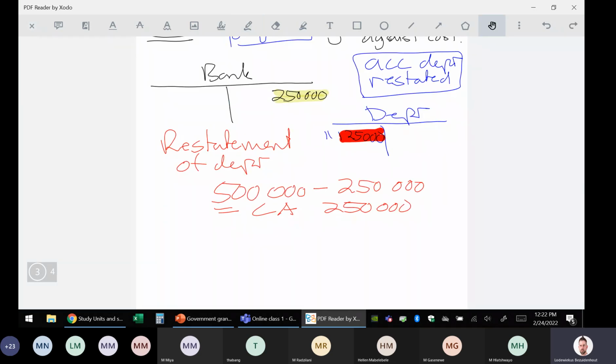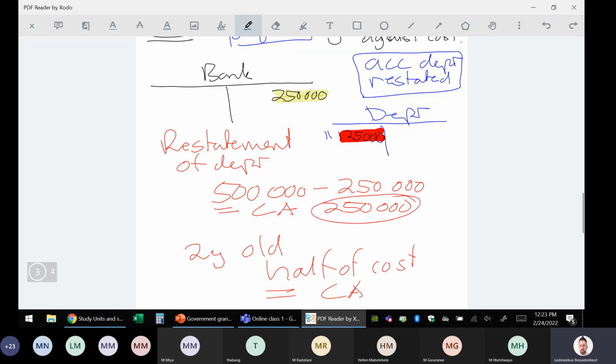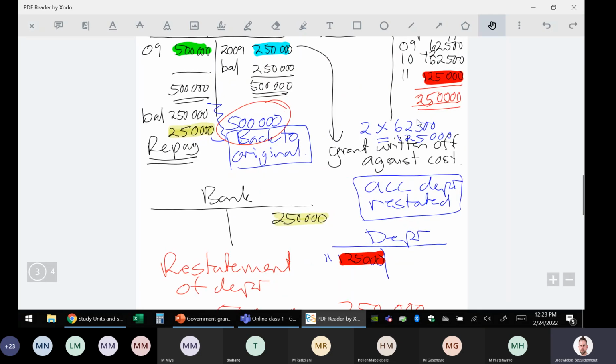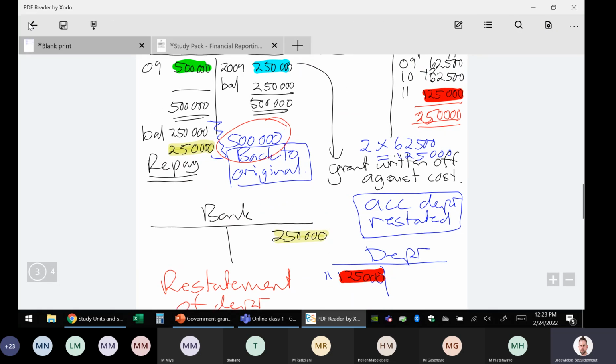The asset is 2 years old and we depreciate the asset over 4 years. So what should be left of the value? Half of the cost should be the carrying amount, and that is exactly what we have, because 250 is half of our original cost price. So we know we restated the amounts correctly when we had to make the repayment.